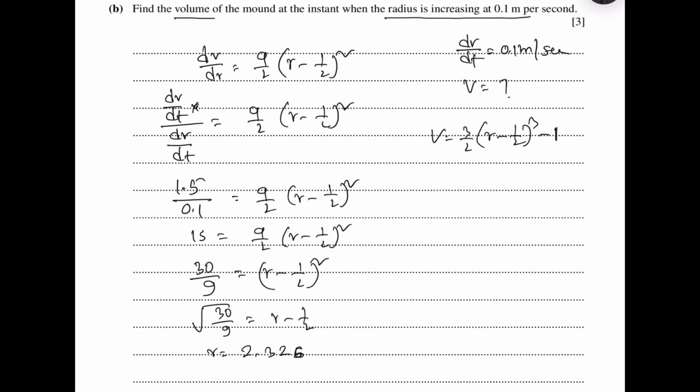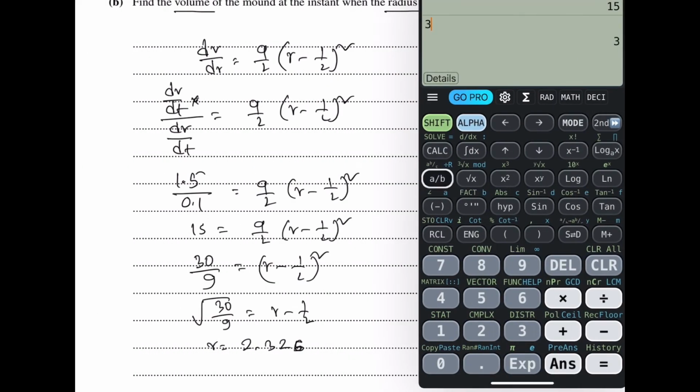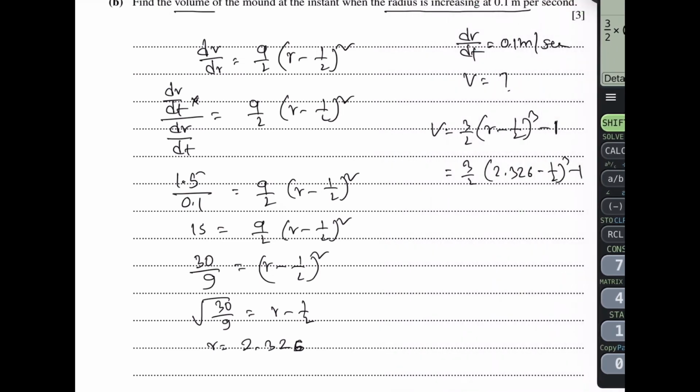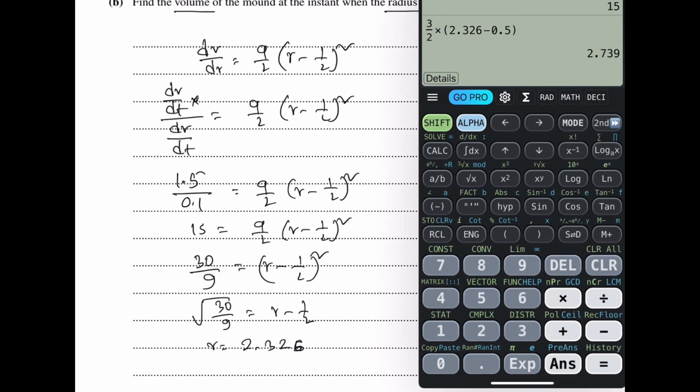Now let me substitute this value here: 3 by 2 (2.326 minus 0.5) whole cube minus 1.